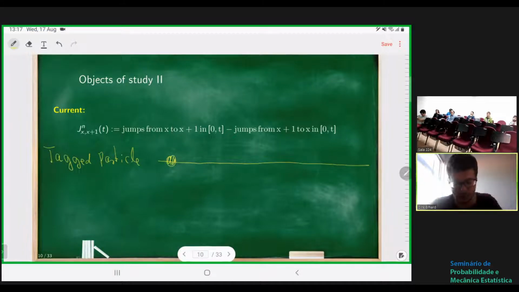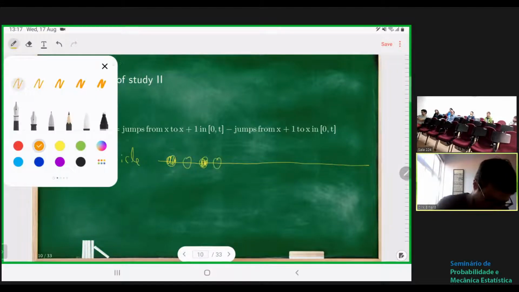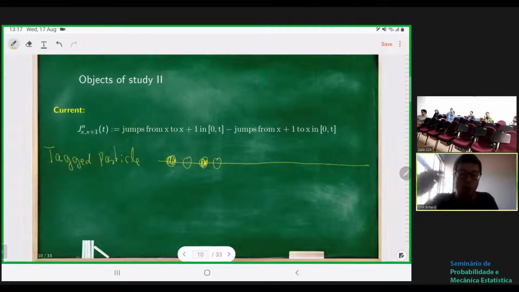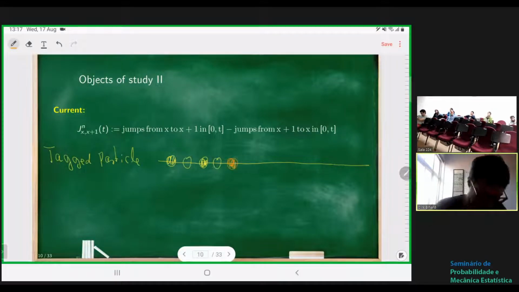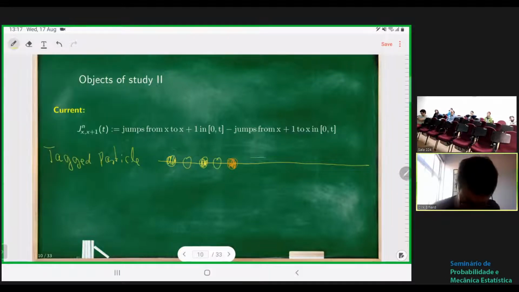Well, you look at the usual exclusion process. You have a particle, no particle, a particle, no particle. And you start from the usual initial condition. However, you condition that at site 0, you have a particle. So this orange site is site 0. So this could be a configuration.